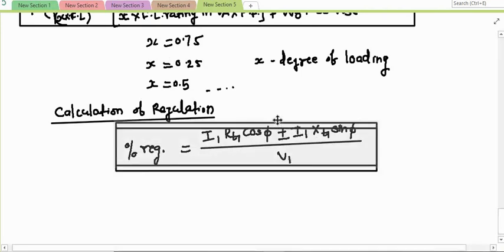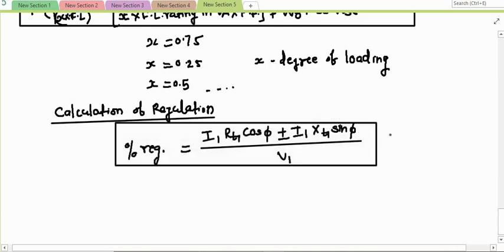And students, in this way we can use jointly the data which is obtained from the OC and SC tests performed on the transformer to calculate the efficiency and regulation of the transformer, right? So in this formula your XT1 and RT1 you have to take from the short circuit test, and V1 is the rated voltage of the primary, I1 and I2 are the full load primary and secondary current respectively, right?